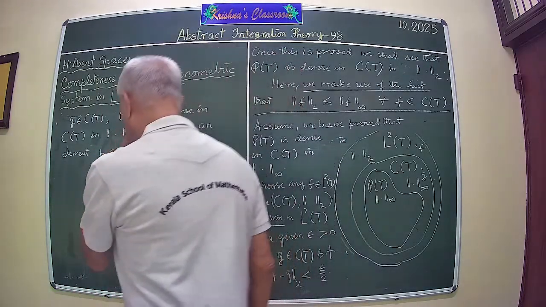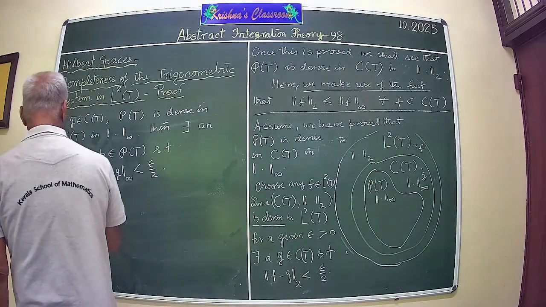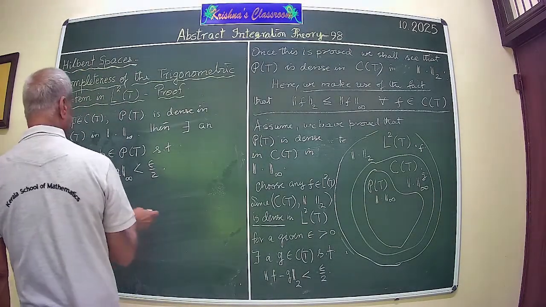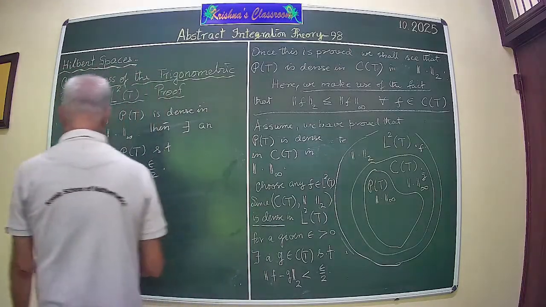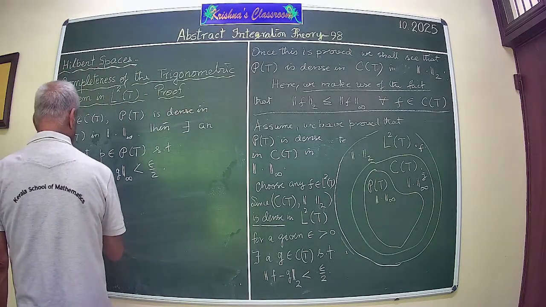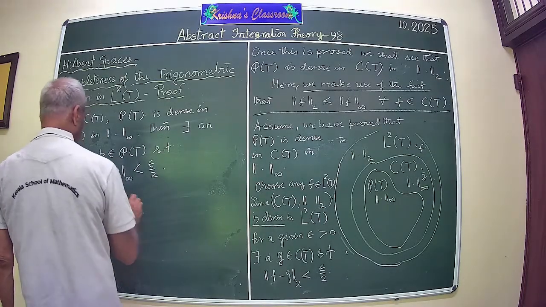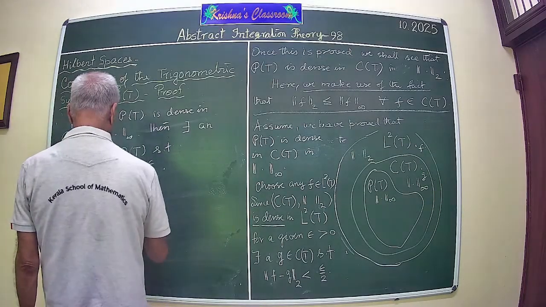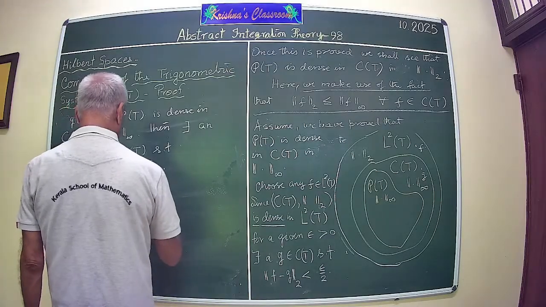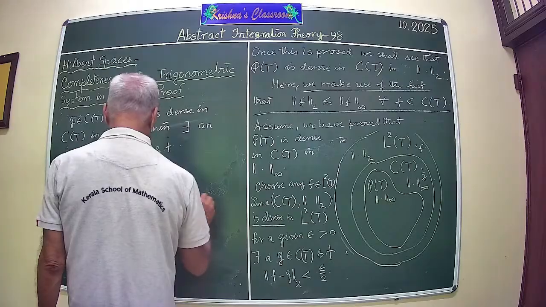But now in C(T), we get that the 2-norm of p minus g is less than or equal to the sup norm, and this is less than epsilon.